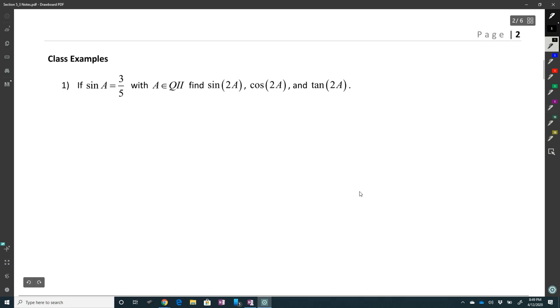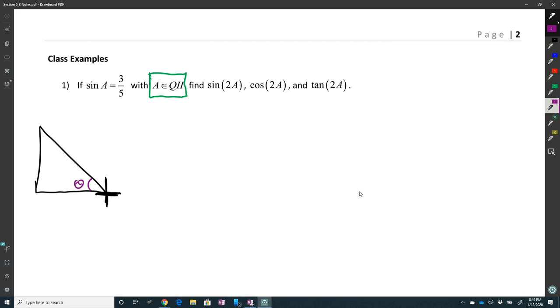Again, we're in quadrant 2. So when you make your triangle, be sure that it reflects the fact that you're in quadrant 2. Quadrant 2 would be like this, where there's your axis, here's your theta.